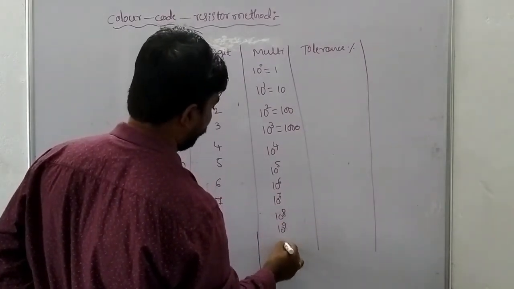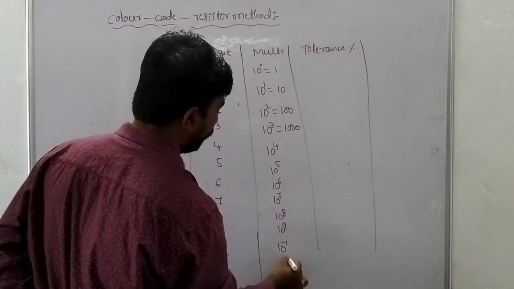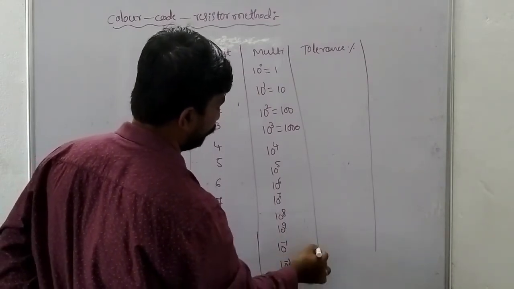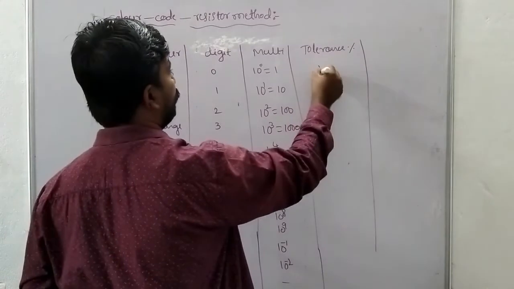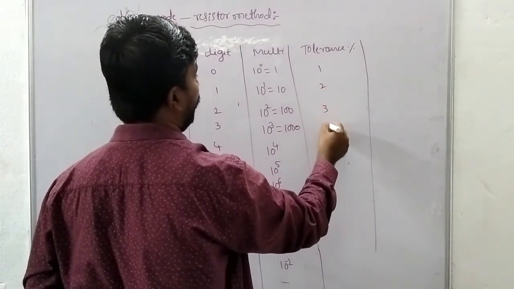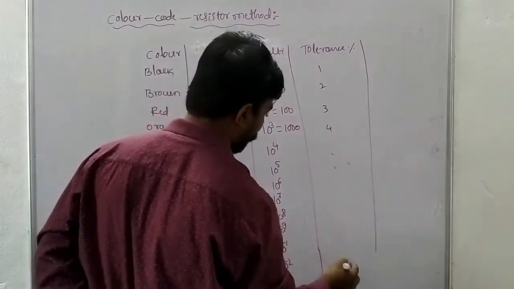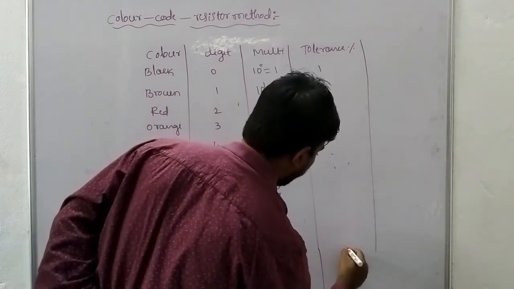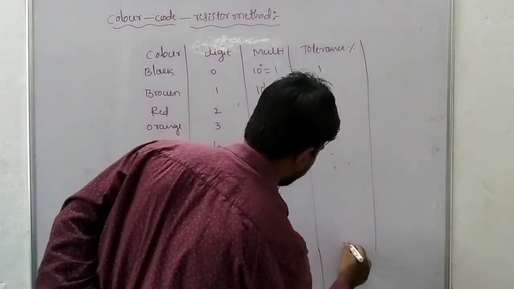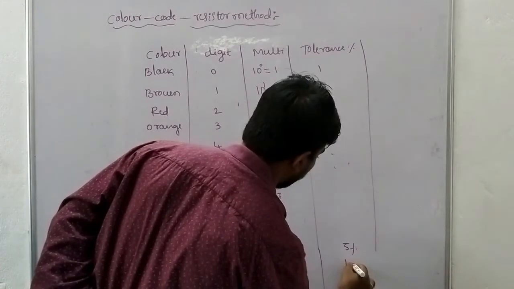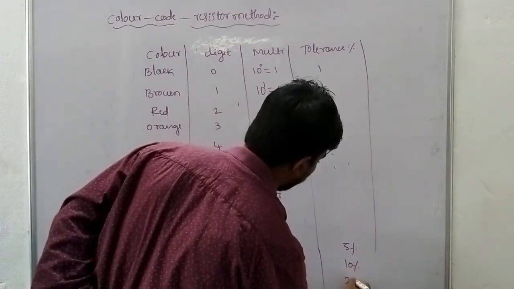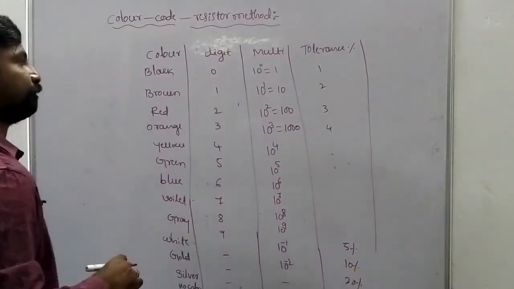Gold is 10 to the power of minus 1, silver 10 to the power of minus 2. Then finally for tolerance, gold is a 5% error, silver 10% error, then no color 20% error.